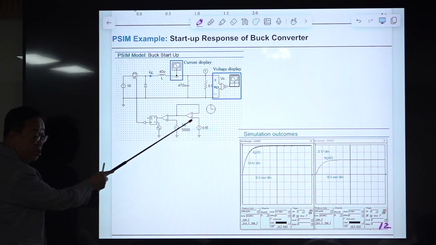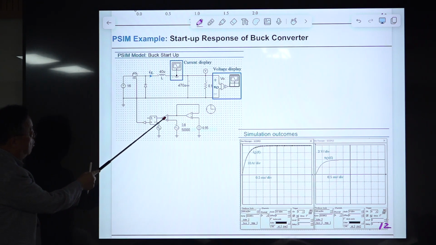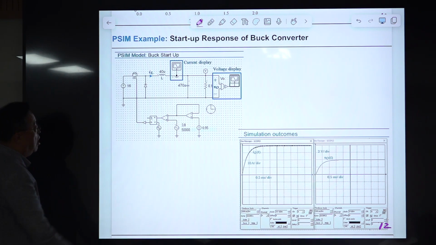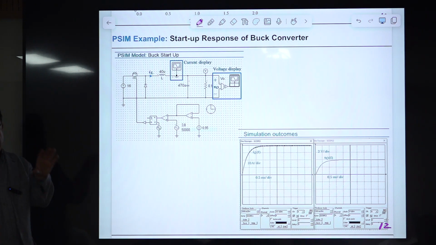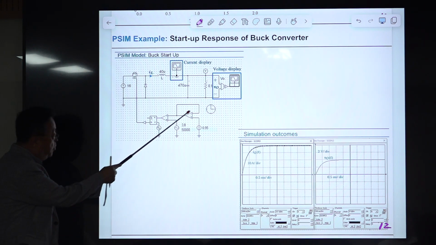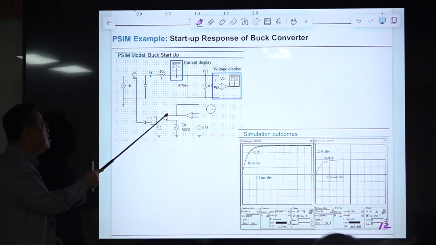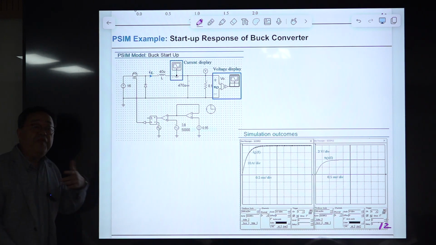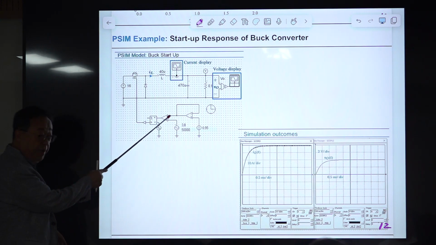This is an operational amplifier. The comparator and operational amplifier use the same symbol, but they are different. Right? This is an op-amp, a very general device. Using an op-amp, you can make a comparator, but you cannot make an op-amp using this comparator.